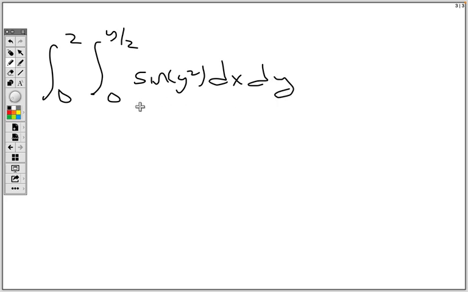In this integral, I'm integrating with respect to x first. And as far as x is concerned, this entire thing is just a what? It's just a constant, right? So if I wanted to, I could even factor it out of the integral.